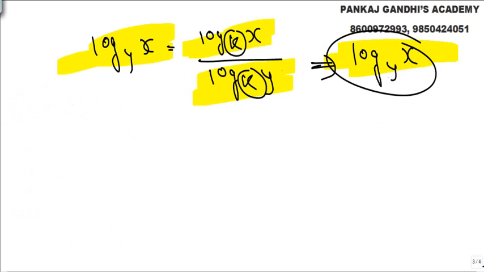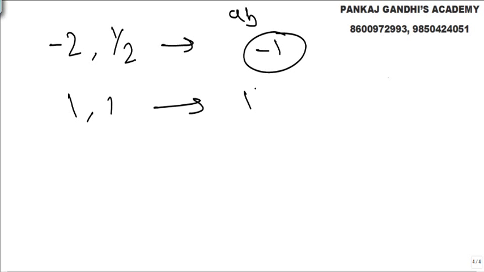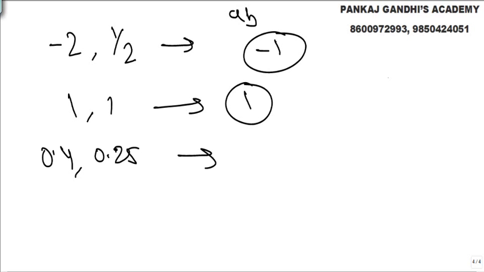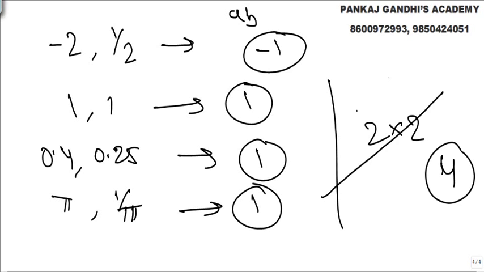So quickly check: the product a into b will be -1, that works. 1 into 1 again product is 1, that works. 0.4 and 0.25 again product is 1, pi and 1 by pi product is 1, but 2 into 2 means 2 and 2 is 4, this is not going to work. So that's what we got as the answer. This is the wrong choice.